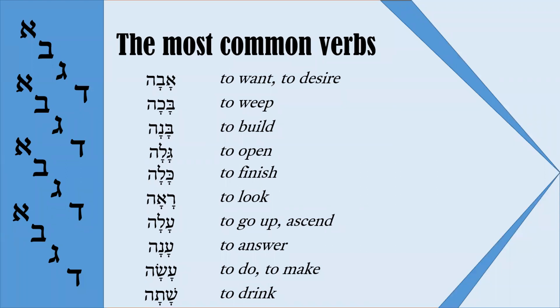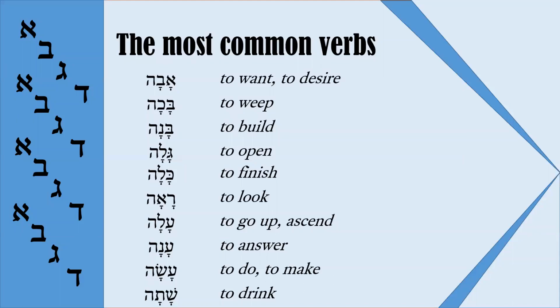Bacha, to weep. If you remember the second chapter of the book of Judges, there is a place called Bochim, because they were weeping there. So to weep, to cry is bacha. Bana, it seems to me you already know this verb. It means to build.